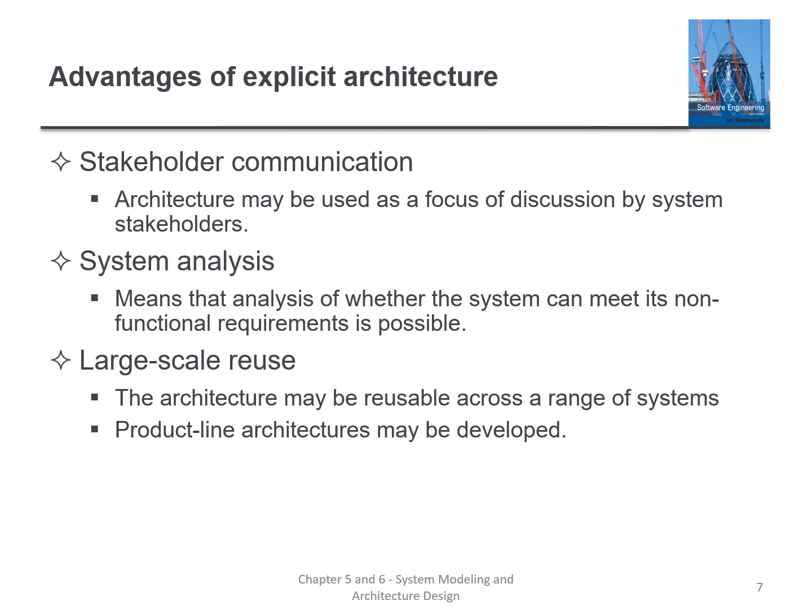So they normally have this architecture that they keep on reusing, but adding new components and removing old components. Okay, so the architecture is there, they modify it. This kind of architecture is called product line architecture.